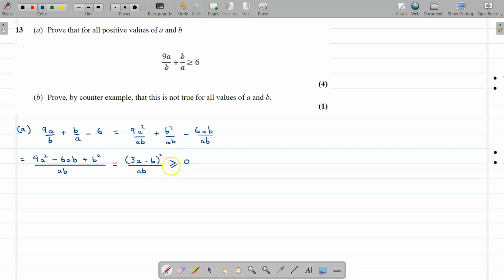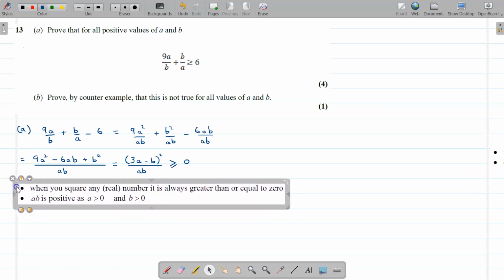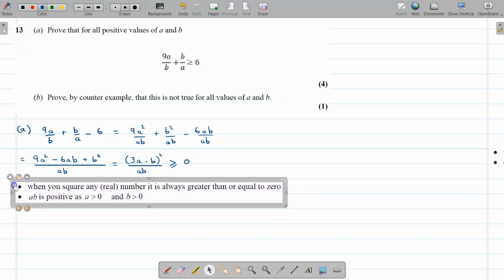And you can say that for two reasons. I'm cheating a bit here to save time, but they're straight out of the mark scheme. And you need to write those down or something to that effect.